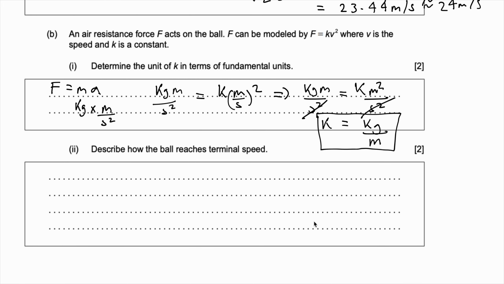Okay, now describe how the ball reaches terminal speed. When does terminal speed occur? Terminal speed occurs when the summation of forces in the y direction is equal to 0. So that means that the weight of the ball is equal to the air resistive force.